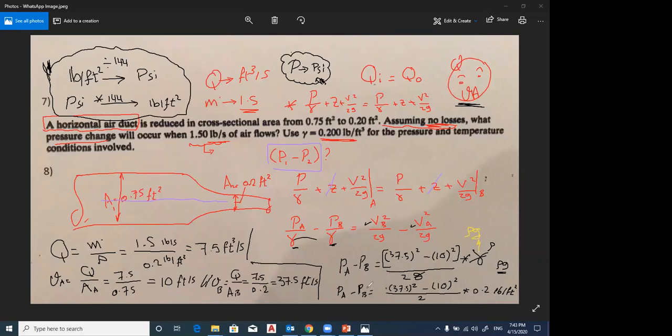Correct. Cancel this with this. But the value is gamma equal to 0.2, right?